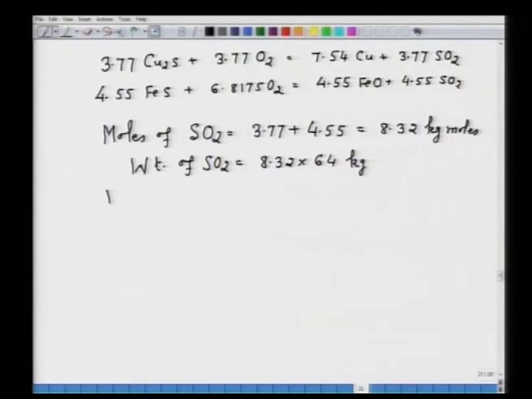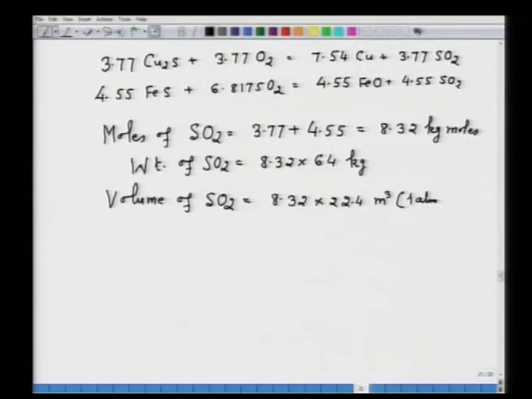You can also calculate the volume of SO2. Volume of SO2 will be equal to 8.32 into 22.4, that will be in meter cube, expressed at 1 atmospheric pressure and 273 Kelvin.